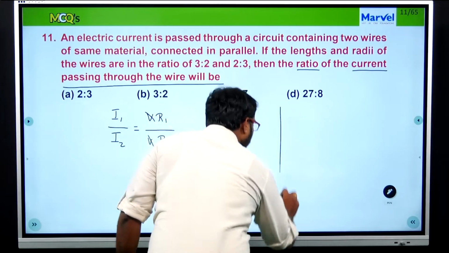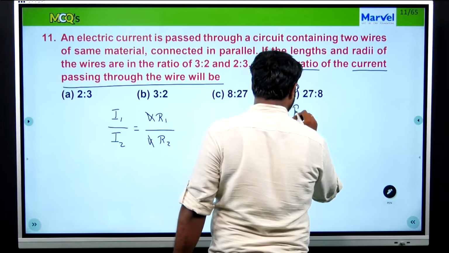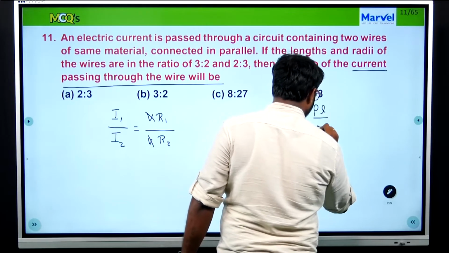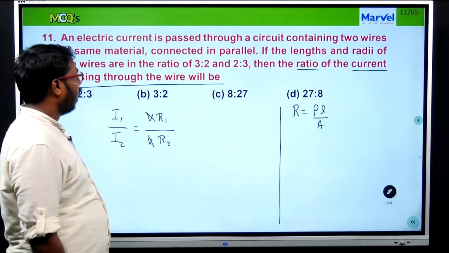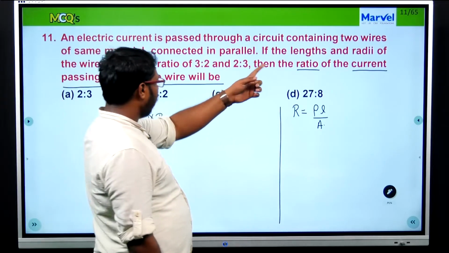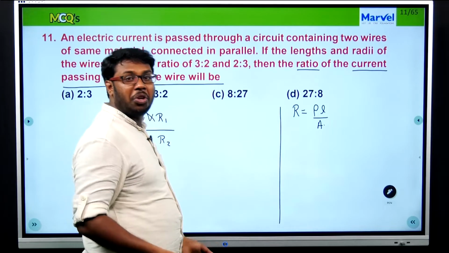Okay, let me reduce something. How is resistance written? R is equal to rho L by A. Both the length and the cross-sectional areas are going to be different.